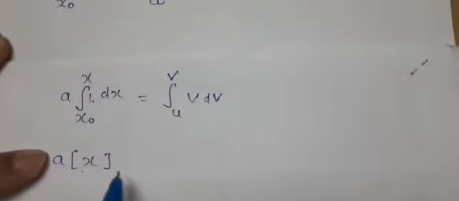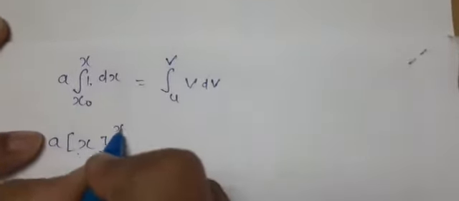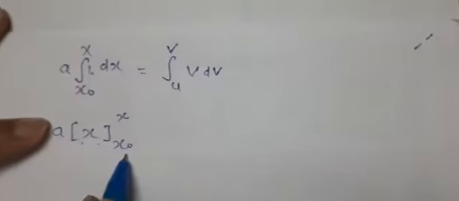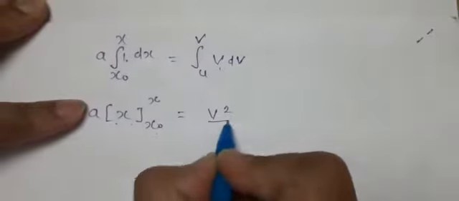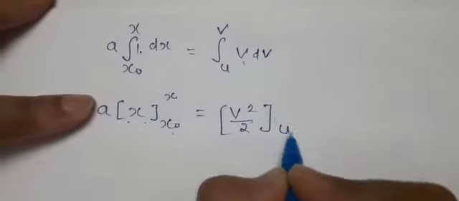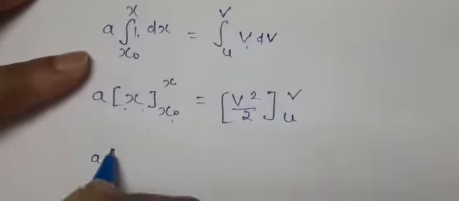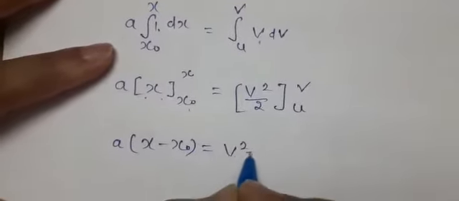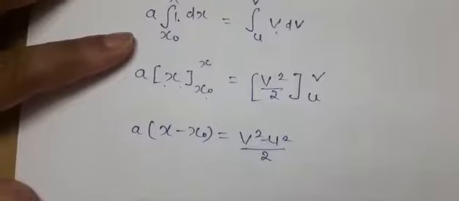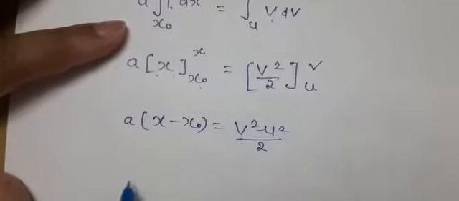So it will be x, with the lower limit and upper limit. Now here integration of v is v square upon 2 within the limits u to v. So it is x minus x naught. This will be v square minus u square by 2 when you substitute the limits.